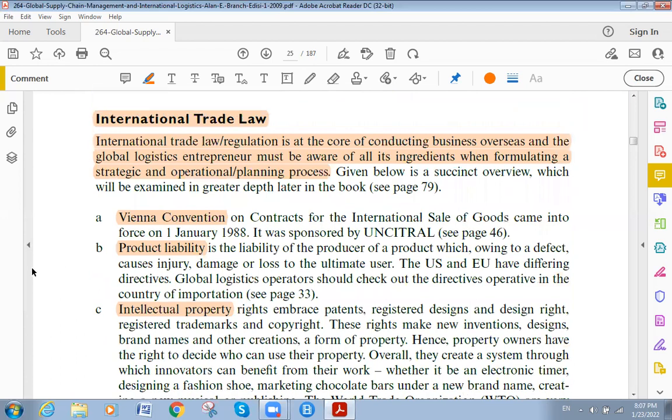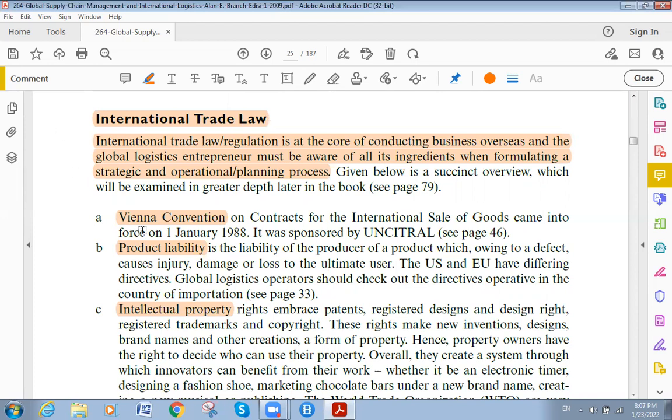And logistics people, or companies that are working in global logistics, must be aware of international trade law. My dear students, we talked about international law in one of our lectures, and we talked about international trade as well.